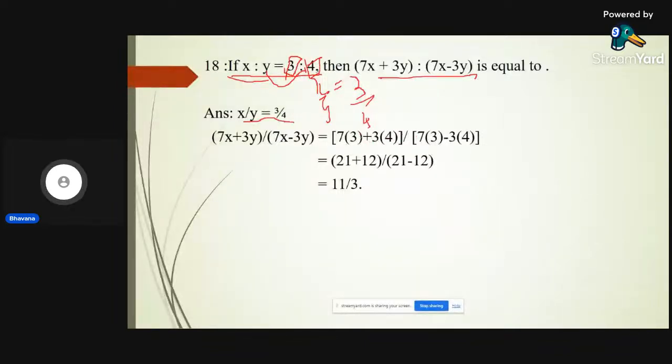Wherever x is there we substitute 3, and wherever y is there we substitute 4. So 3 sevens are 21, 3 fours are 12, so 21 plus 12 is 33, divided by 21 minus 12, which is 9. So 33 by 9, that means we'll get the ratio 11 is to 3.